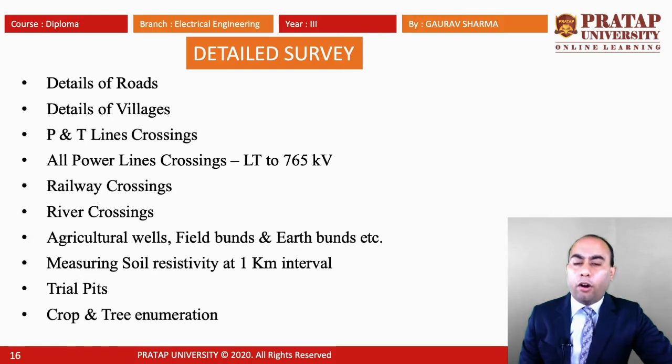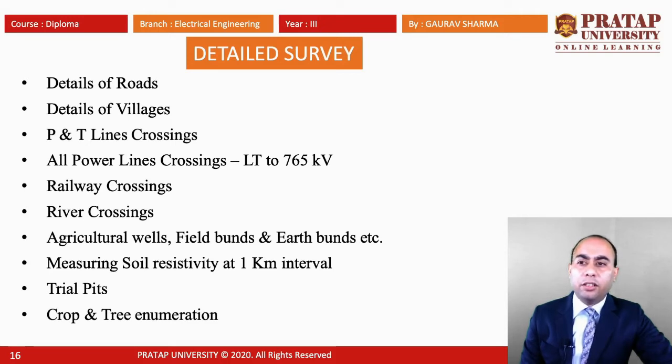Also we have to discuss the details of roads, details of villages, PNT line crossing, and all tower line crossings. If a transmission line is already there, we have to consider where the line crossing is. We also check the railway crossing, river crossing, agricultural wells, field bunds, earth bunds, etc., measuring soil resistivity and trial pits, and crop and tree enumeration.